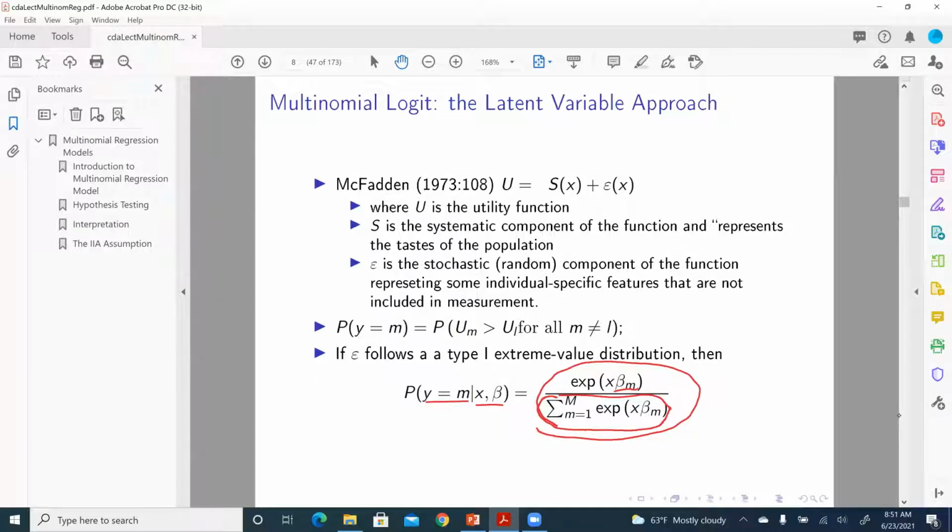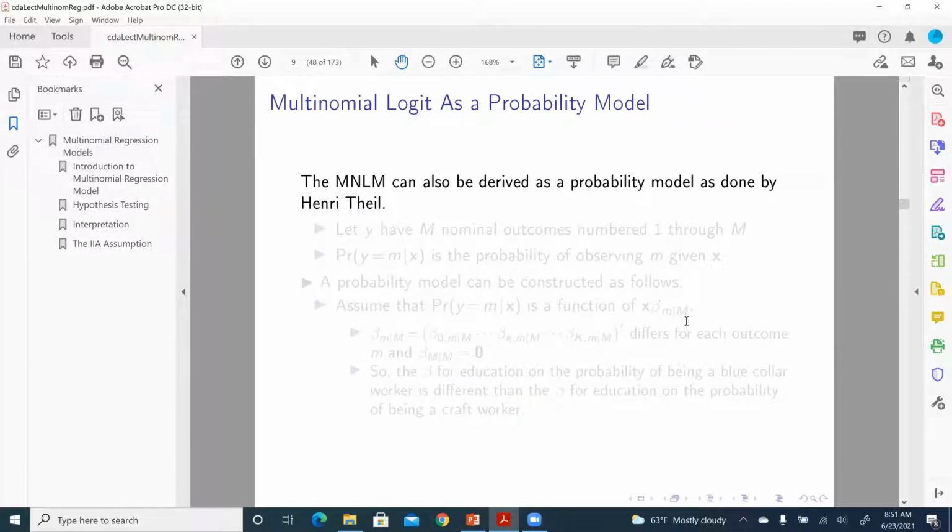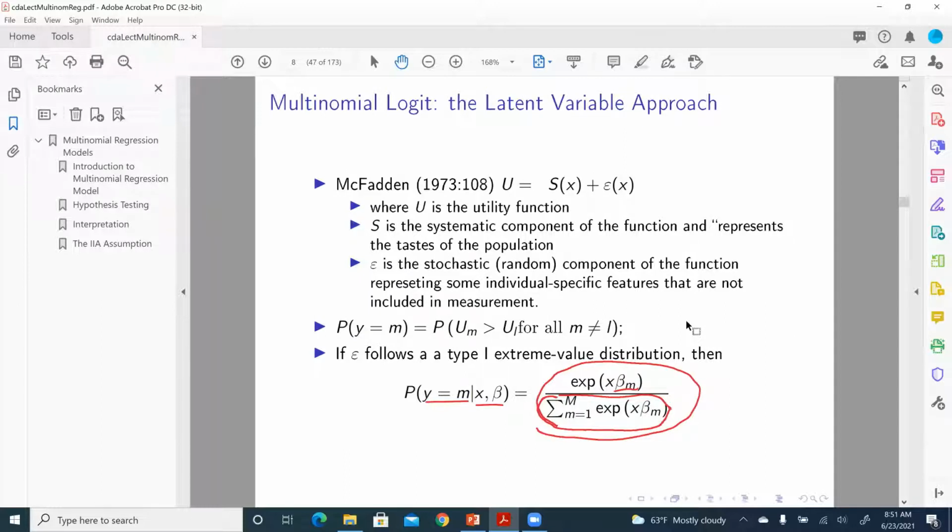So taking a log turns the likelihood, which is a product of individual probabilities, into a summation, which is much easier to handle. Right? Next step is to apply maximum likelihood estimation and numerical methods to solve for the beta coefficients. Okay, so this is one approach, what is called the latent variable approach.